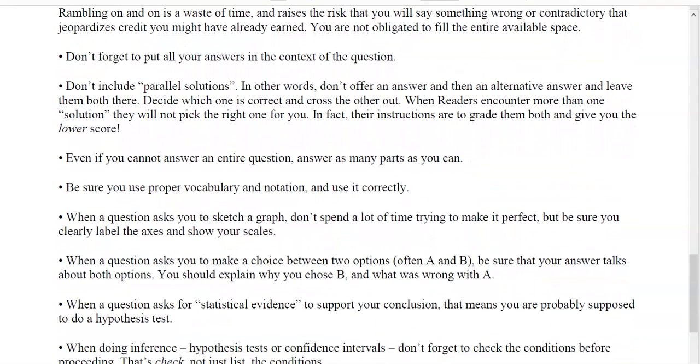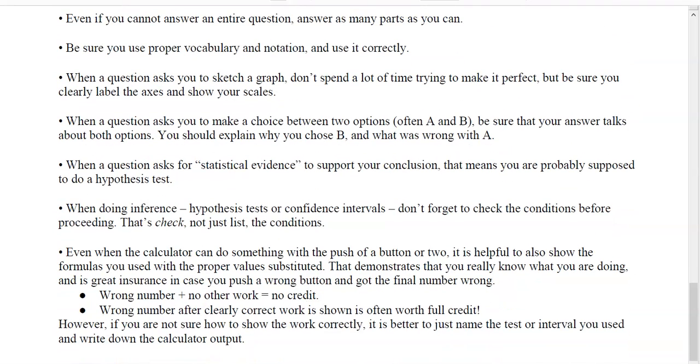Make sure to always use context, context, context in all your questions. Make sure that you're actually making statistical answers to your questions. So when a question asks for statistical evidence, for example, you're going to usually do a hypothesis test.